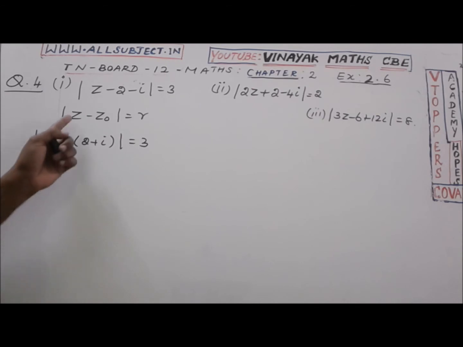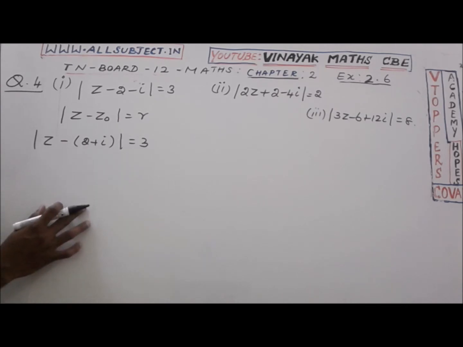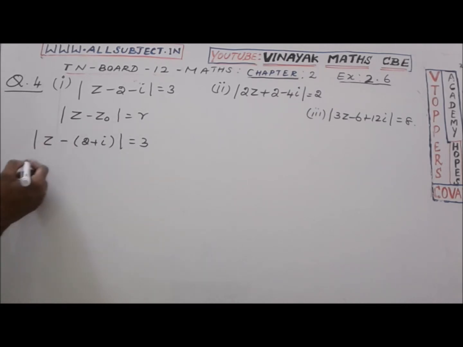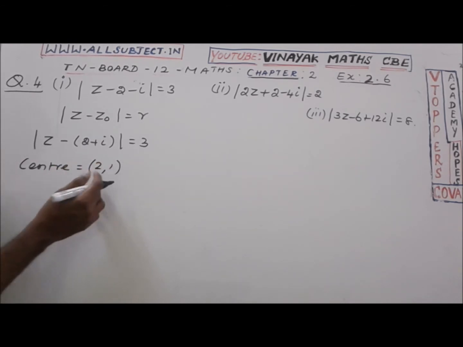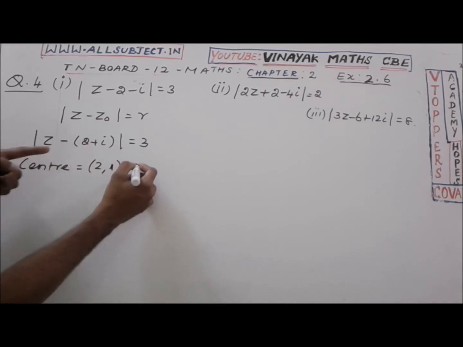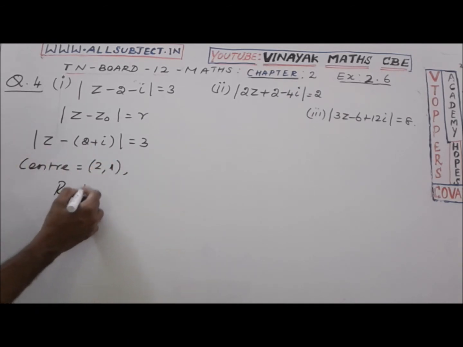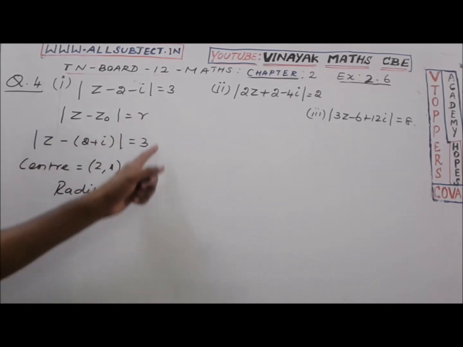Now this follows modulus of z minus z naught equal to r. Here z naught represents the center and r represents the radius. So center equal to the complex number 2 plus i, and writing as a point, 2 comma 1. Real part 2, imaginary part 1. And the radius r equal to 3.